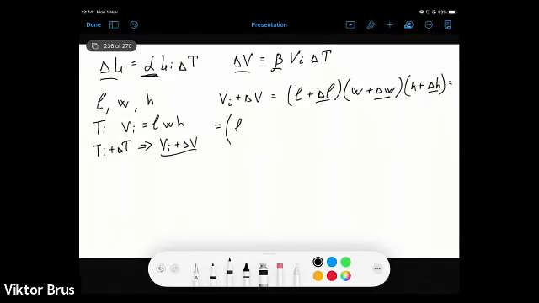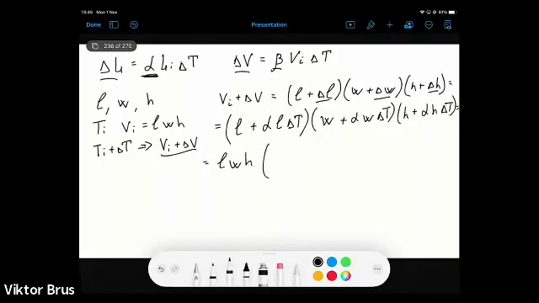So that will be L plus alpha times L times delta T, then W plus alpha times W times delta T, and H plus alpha times H times delta T. Now if we open all these parentheses and take out of parentheses the product of L, W, H, here we will get 1 plus alpha times delta T in the third power.